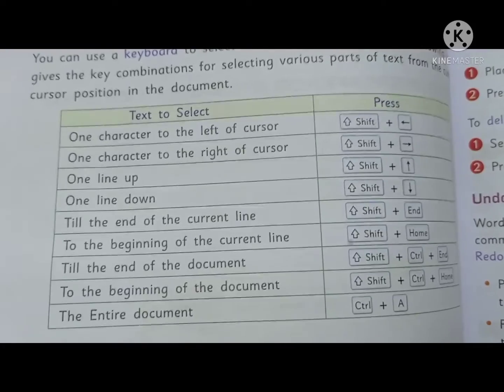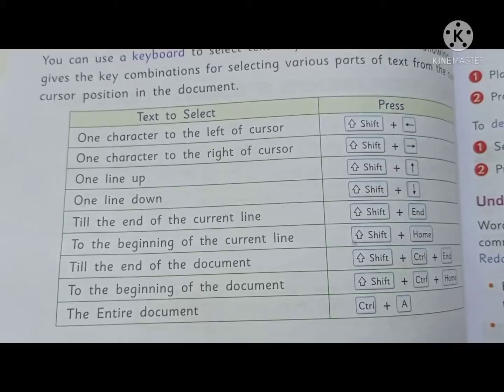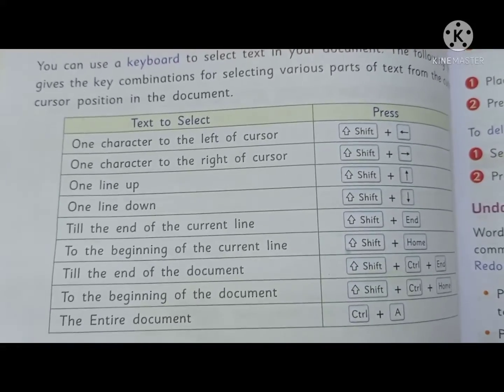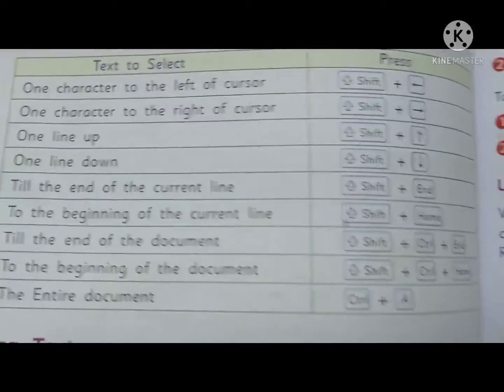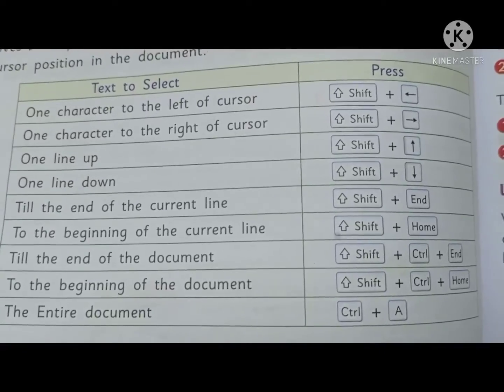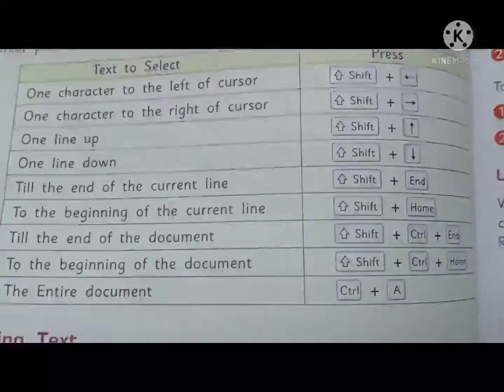If you want to select till the end of the line, you click shift plus End key. Okay, if you want to select from the beginning of the current line, that means shift plus Home. Then if you want to select to the end of the document, that means shift plus control plus End.